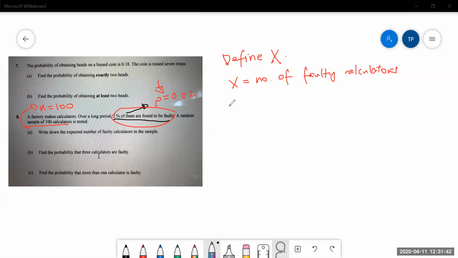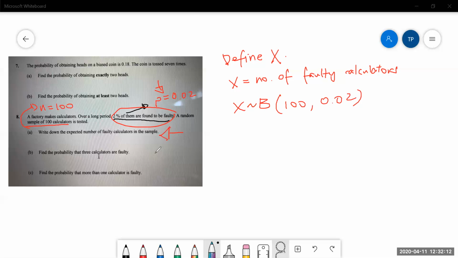Next, step 2 will be defining the distribution. So it will be X follows binomial distribution, 100, then 0.02. Yes. Okay, so next one.